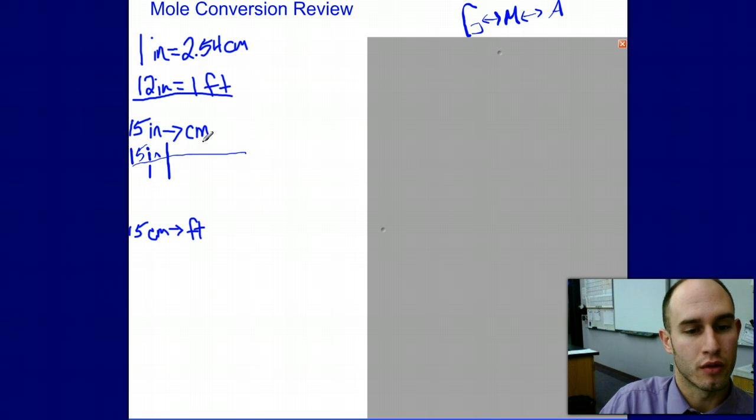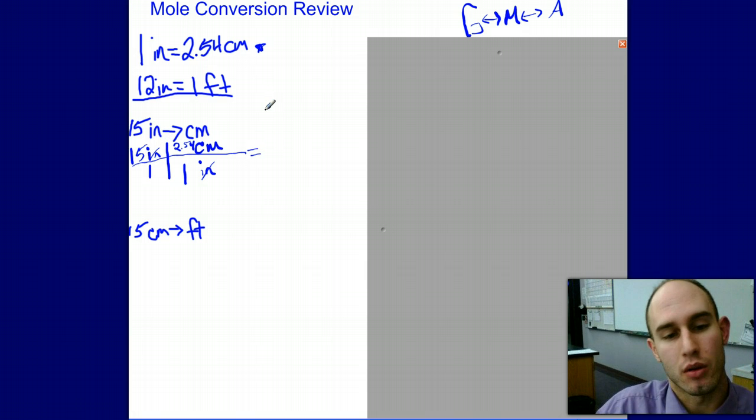Put what you're given over 1, and you have inches on the top. You must have inches down here on the bottom. I can go directly to centimeters, and then I'm going to use my conversion from up here. 1 inch is equivalent to 2.54 centimeters.